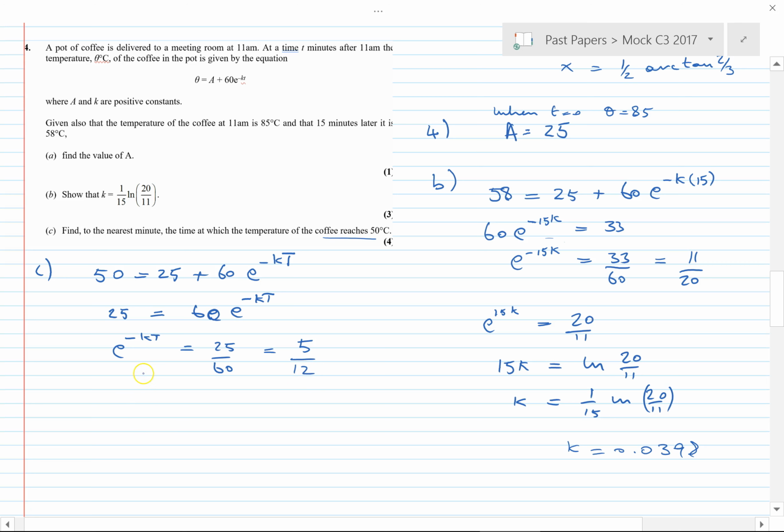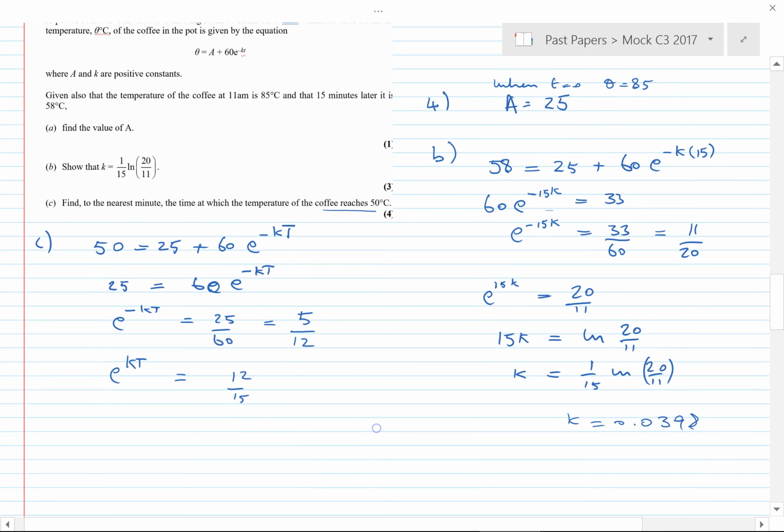So I can do a similar thing, kind of reversing what I did here. So that gives me e to the kT is equal to 12 over 5.